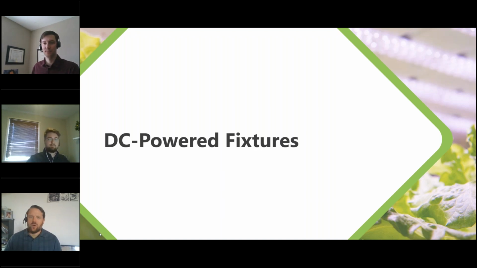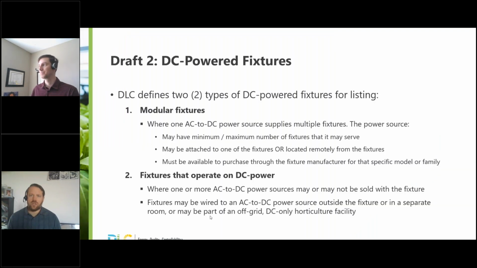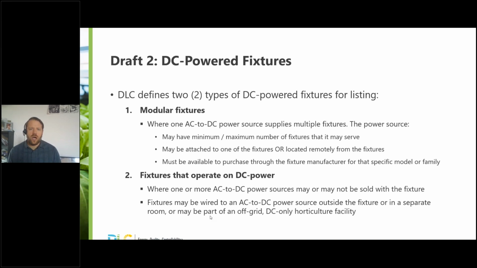We're going to be talking about DC powered fixtures as our first section, our first new area of expanded eligibility in version 2.1. The next slide shows our two types of fixtures. We created some definitions.